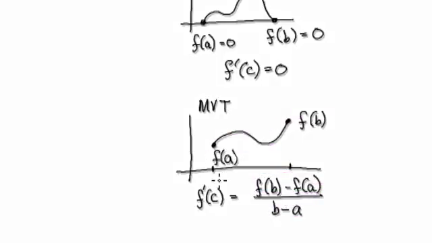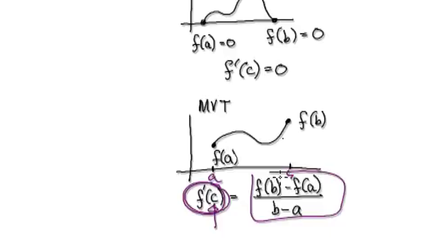Well, somewhere in between a and b, there must exist a value c where the true gradient of the function equals the average gradient.